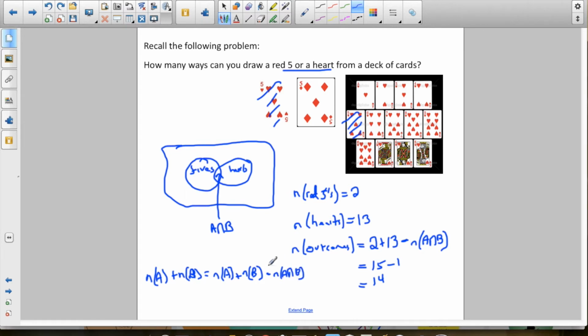So you can keep that. That is going to be something we're going to use. So these two added together, it's really like this, and we're going to change this into the union in a second.